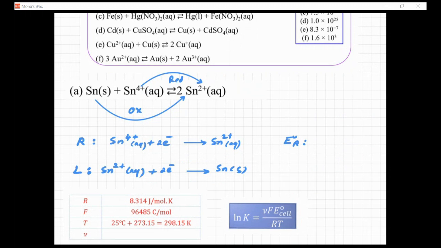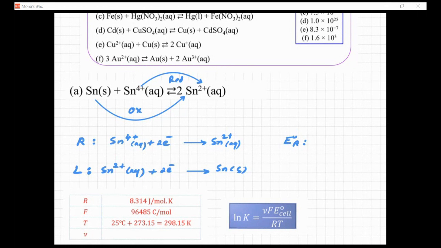We have these two reduction half reactions. What do we have to do? We are going to read the standard potentials of the reduction half reactions from the table.